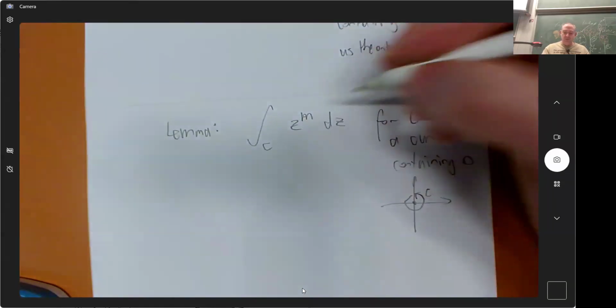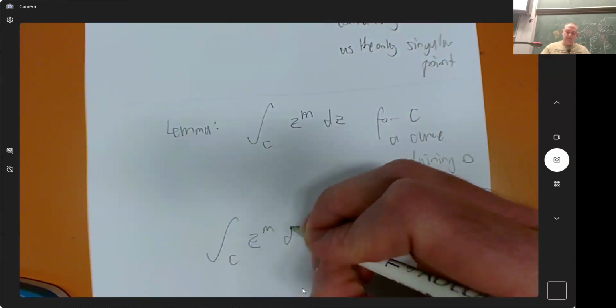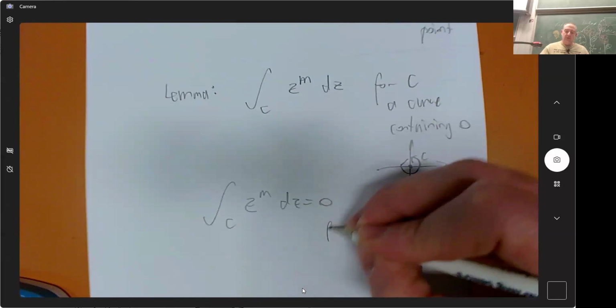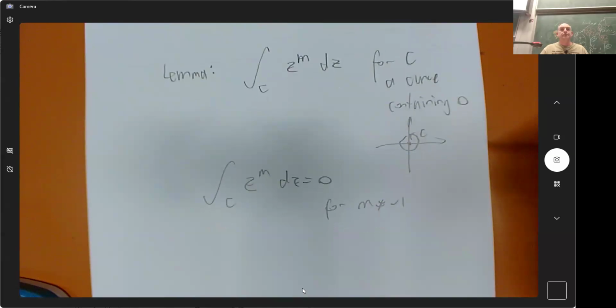So that integral equals 0 for m not equal to -1. It's not called a lemma in your notes, but it is definitely cool and important enough to be given a proper name. Maybe not important enough to be a theorem in its own right, but it may be a lemma.